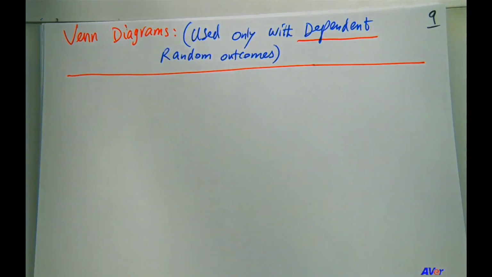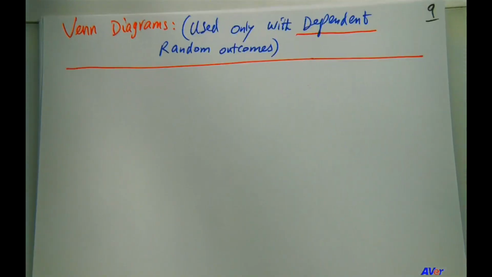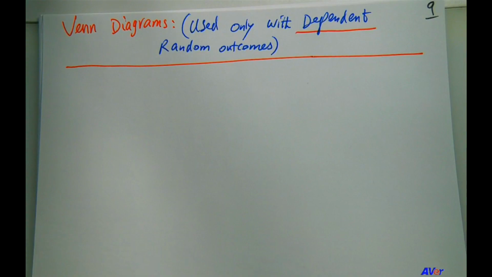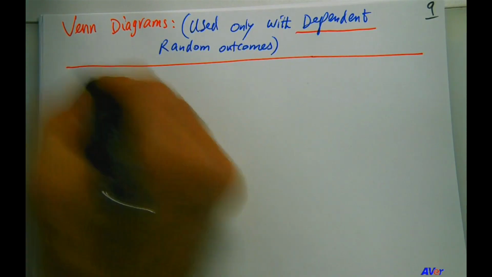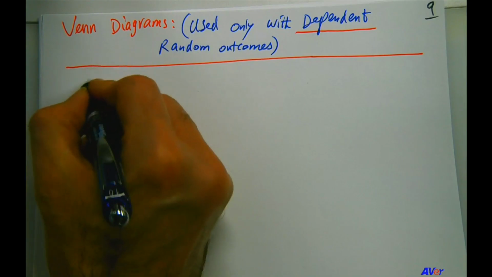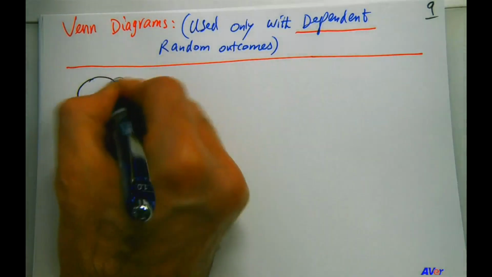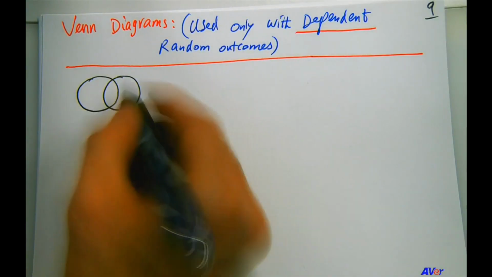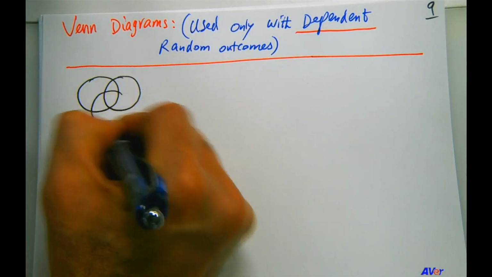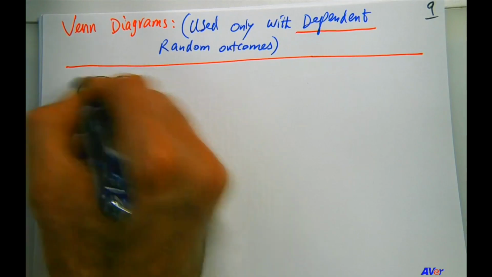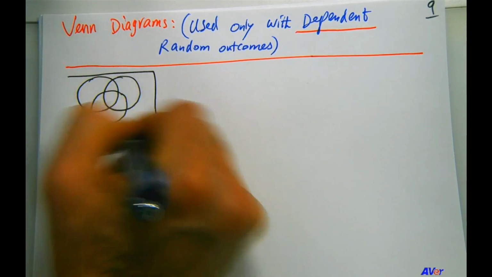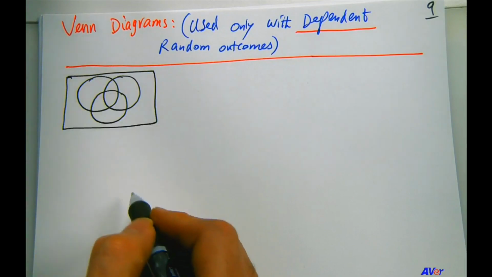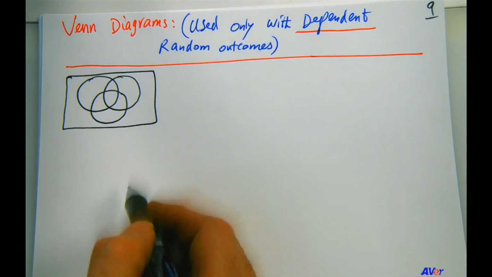Okay, so let's see examples of notations connected with Venn diagrams. Suppose we have these 3 events. We can have 2 events or 3 or even 4 events. I just wanted to begin with 3 events. This is what a Venn diagram usually looks like. And like I say, you can have 2 circles.